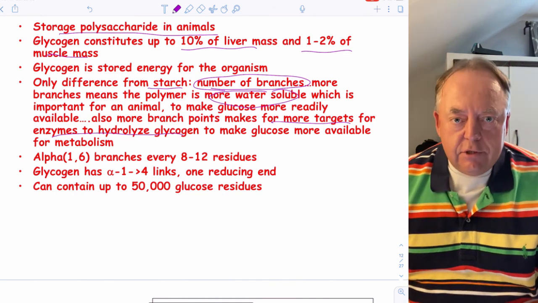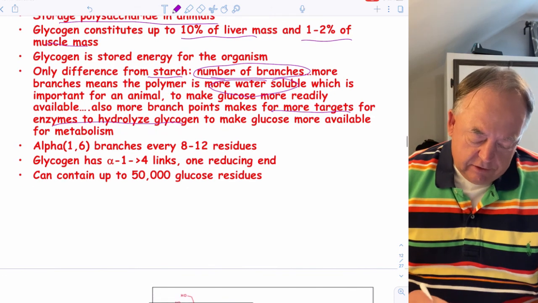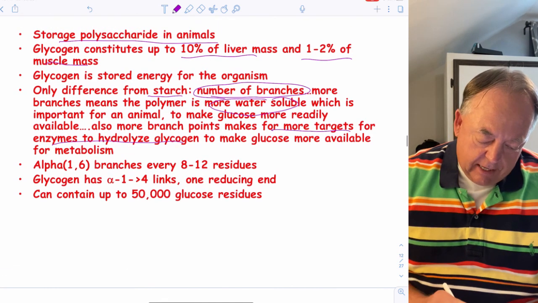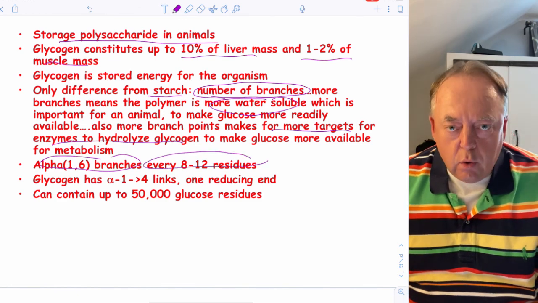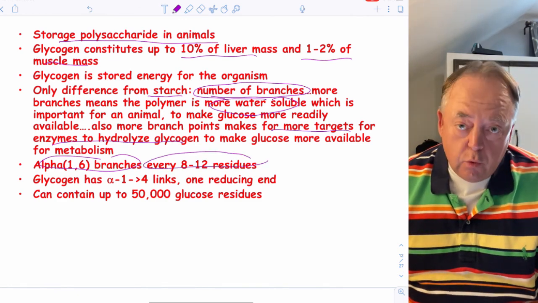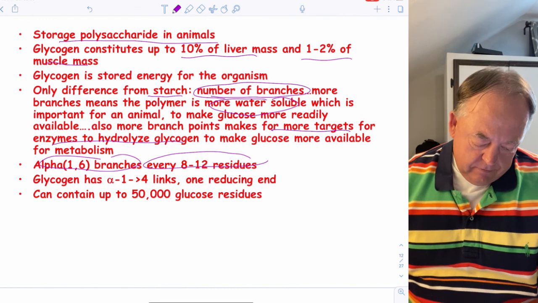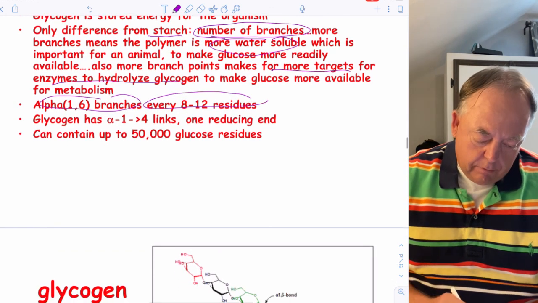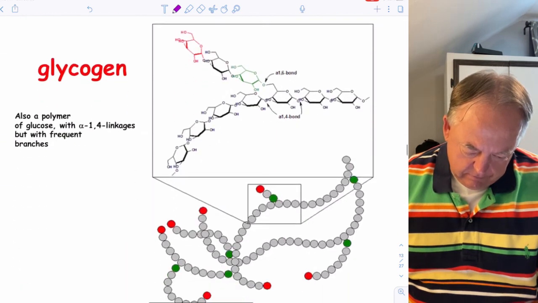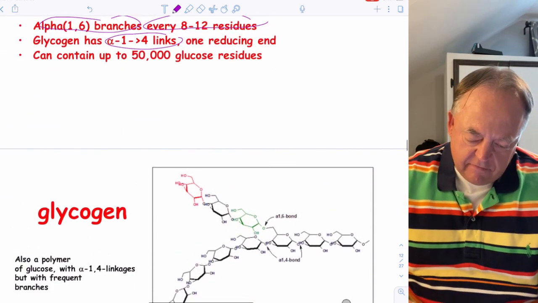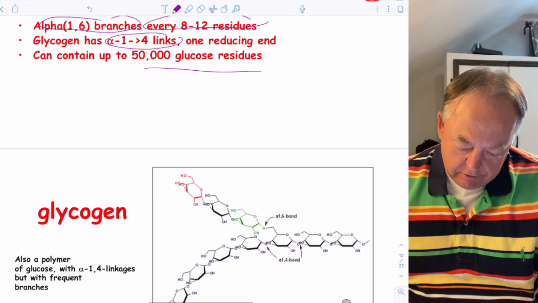So glycogen has alpha 1,6 linkages, just like amylopectin, but they're every 8 to 12 residues rather than about every 25 residues. And it's still a polymer of glucose with 1,4 linkages. It may contain up to 50,000 glucose molecules.